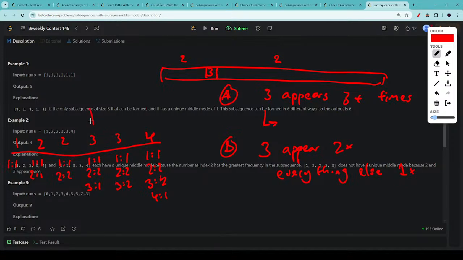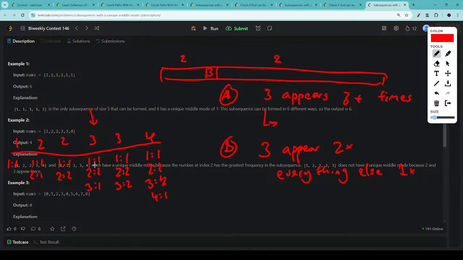So if you're here, you want to know how many times 3 appeared on my left. I just look at this. I subtract myself. Obviously, I ignore myself. I see that 1 appears once and 2 appears once. If I look at my right, I can take the very last frequency dictionary and subtract myself.